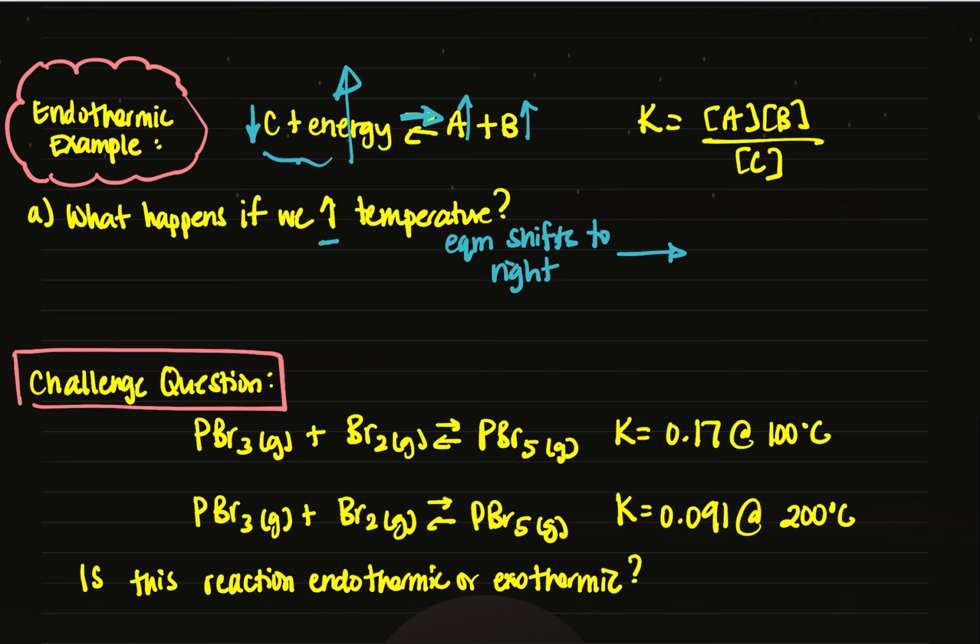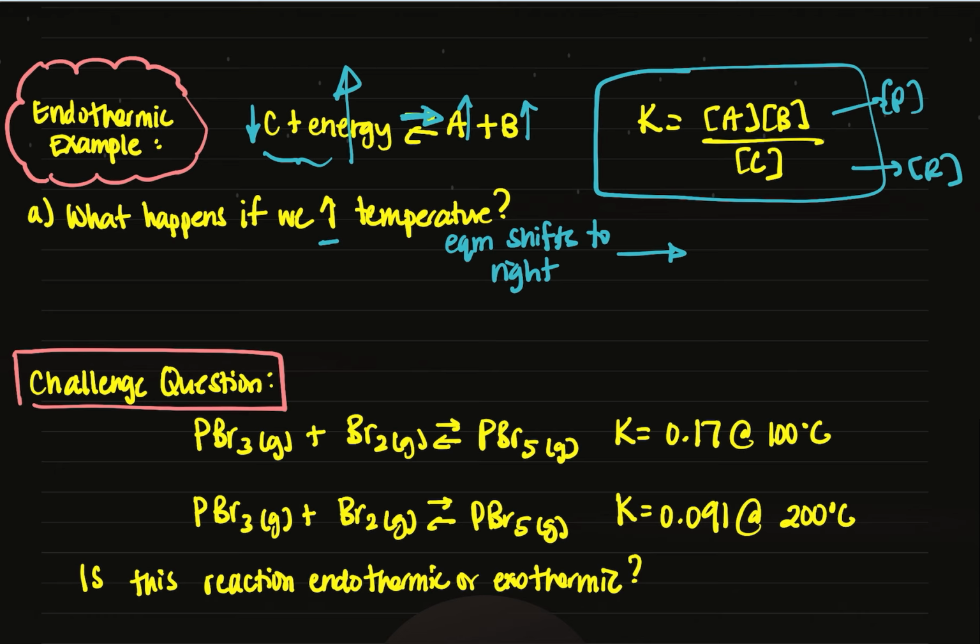Now, what will this do to the K constant? We have to look at this K expression. Remember the equilibrium constant is the concentration of products divided by the concentration of reactants. Because I flipped the equation, I need to adjust my K constant. Because my equilibrium moved to the right, my numerator is increasing.